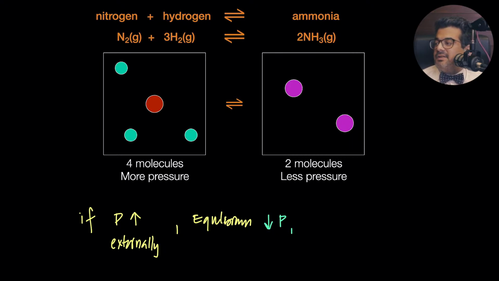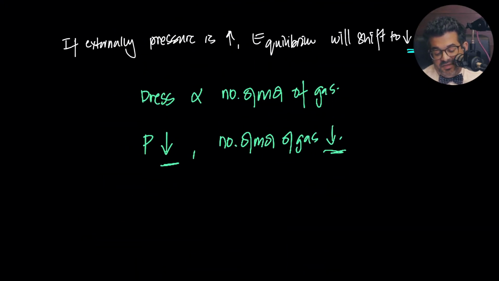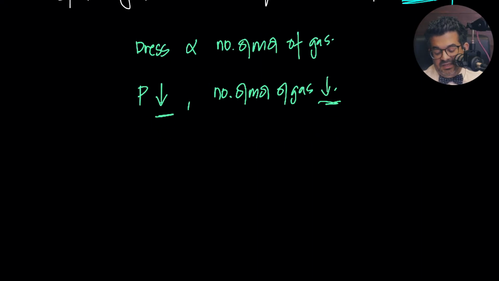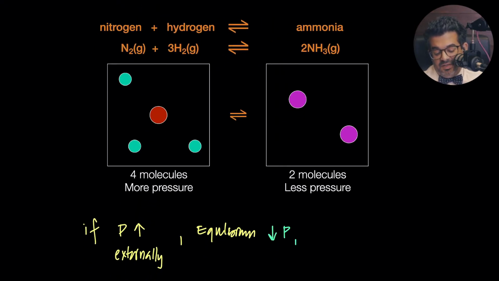And how can it decrease pressure? By the previous relationship. So if equilibrium wants to decrease pressure, what should it do, guys? Decrease the number of moles of gas. That's something that you got to remember. So if external pressure is increased, the equilibrium will try to decrease pressure, by decreasing the number of moles of gas.